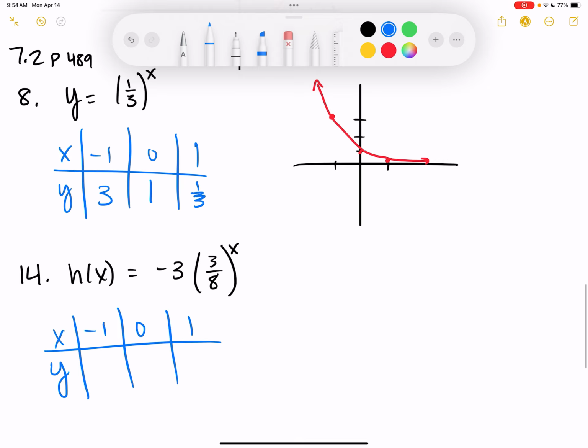So if I plug in -1 for x, what happens? It's just -8. Yep, so this will end up being -3 times 8/3, which is -8. If I plug in 0, I get -3. If I plug in 1, I get -9/8.